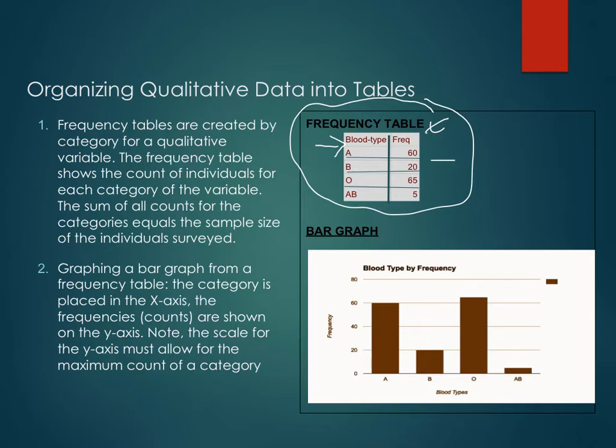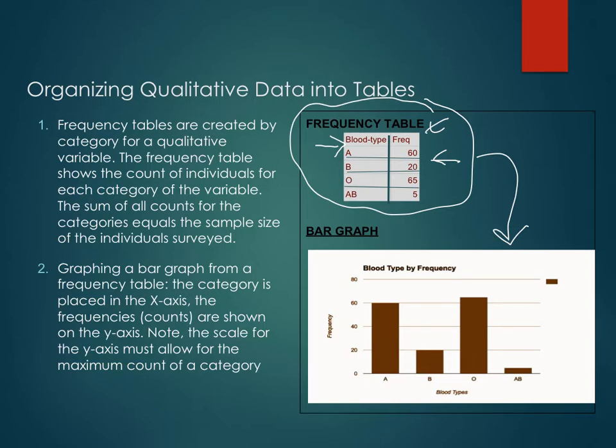Type B blood was 20 individuals. Type O was 65, and AB was 5, right? So now, from our frequency table, we can create a picture using a graph, an X and Y axis.